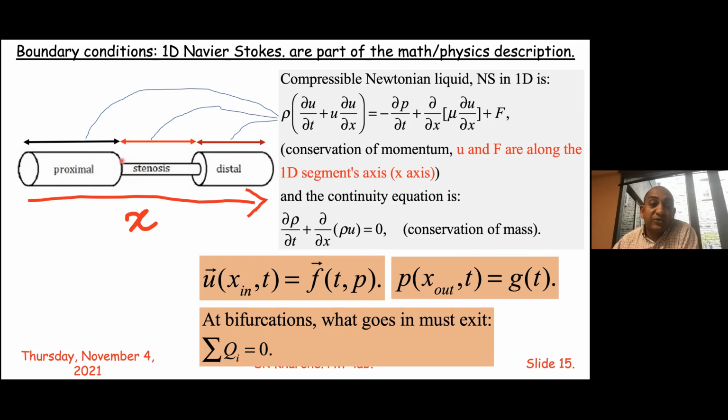But at the junctions of these various tubes, you must go 1 step deeper and apply a conservation. That is, as much blood comes in, that much blood has to go out. At bifurcations, what goes in must go out, a conservation equation.